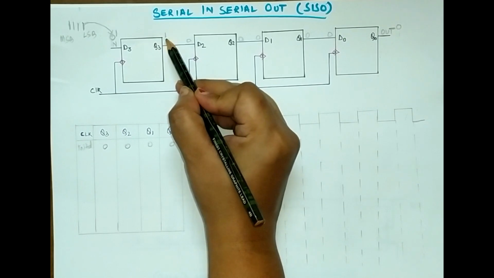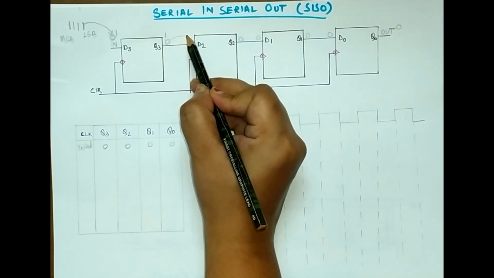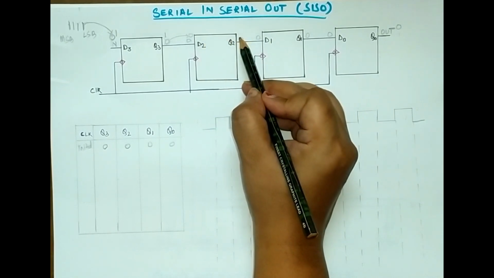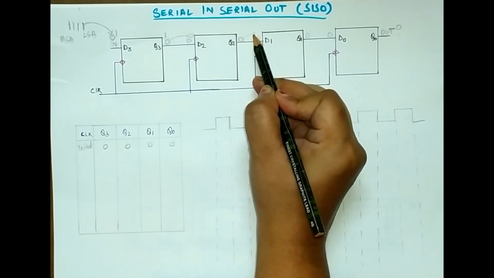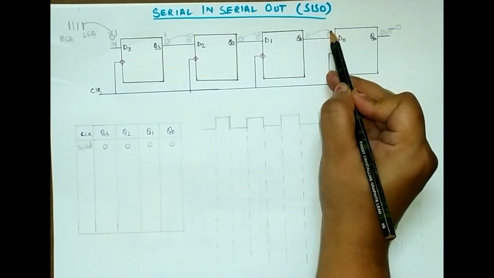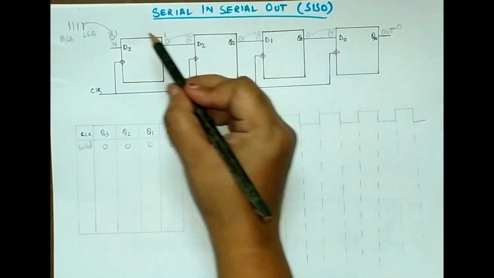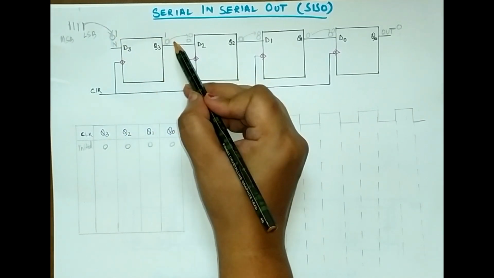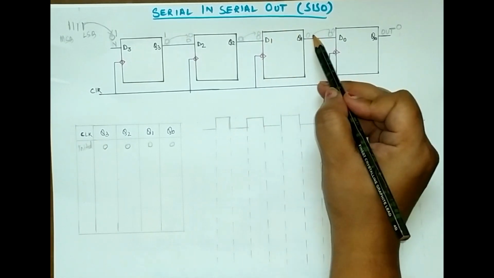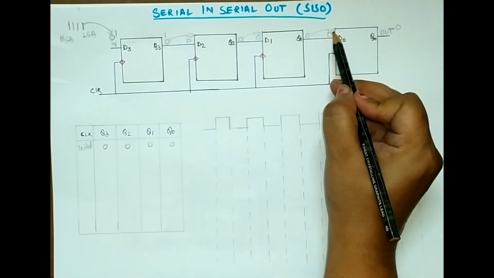It was 0, and this 0 is the input to the next flip-flop. Again the output was 0, so this 0 is the input to the next flip-flop, and again this 0 is the input to the last flip-flop. So I have given 1 to the first flip-flop, 0 is going to the next, again 0 is going to the next, and this 0 is going to the next.